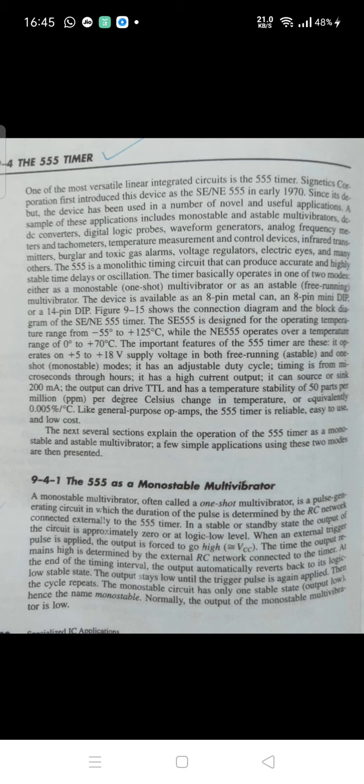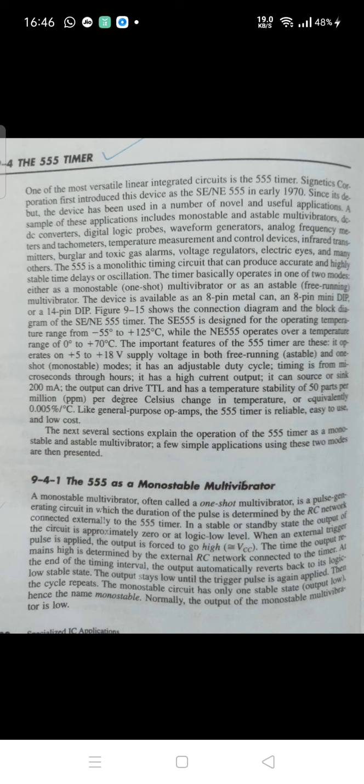The SE555 is designed for operating temperature ranges from -55 degrees to +125 degrees Celsius, while the NE555 operates over a temperature range of 0 to +70 degrees Celsius. The important features of this timer are these: it operates on a +5 to +18 volt supply voltage in both free running astable and one-shot monostable modes. It has an adjustable duty cycle. Timing is from microseconds through hours.